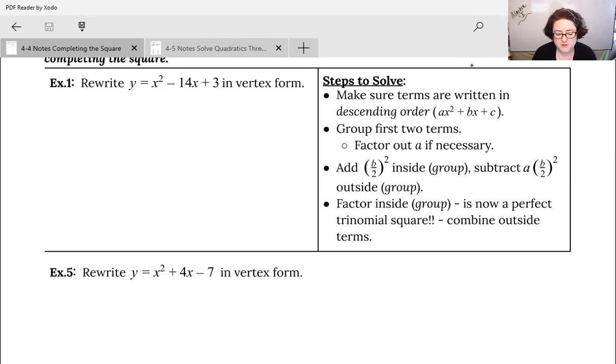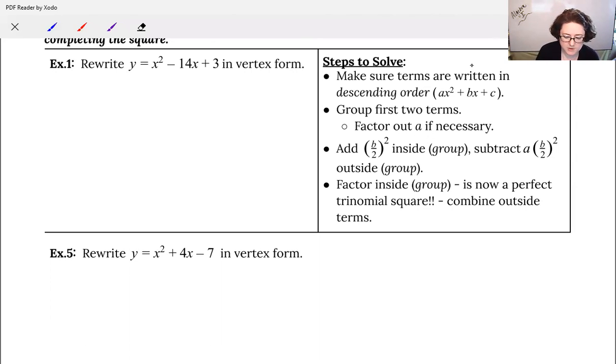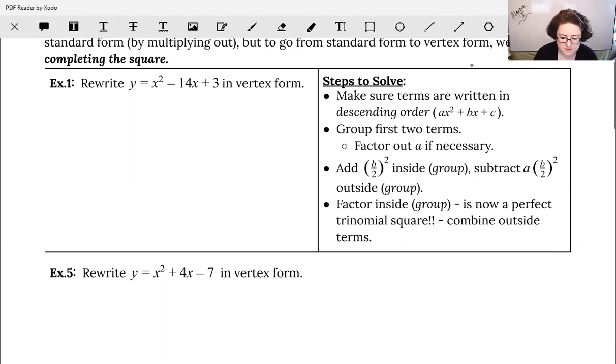The first step is to group our first two terms, the x squared and the negative 14x. The way this is set up, I can't factor this out, so I'm going to force it into a format where I have a perfect square trinomial, something like (x + 2) or (x + 4) that I can square.